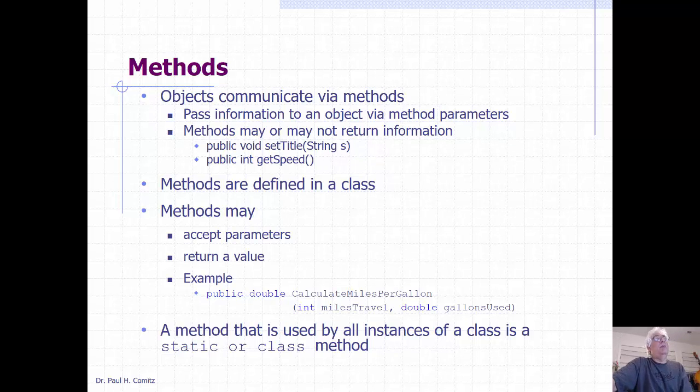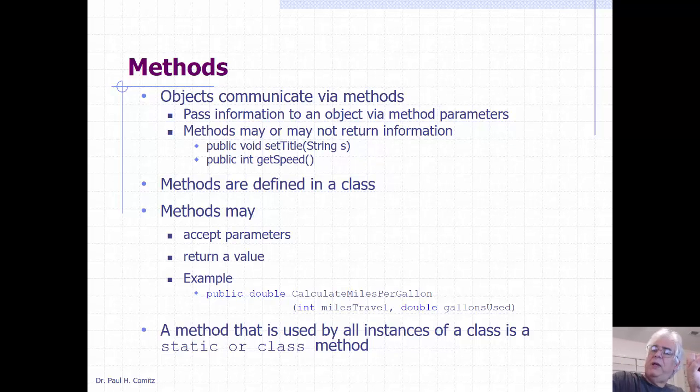Let's look down below, compare and contrast. So here is a method called getSpeed. It doesn't take any parameters, but it returns an int. So consider our bicycle class from a few slides ago. It had a speed setting.